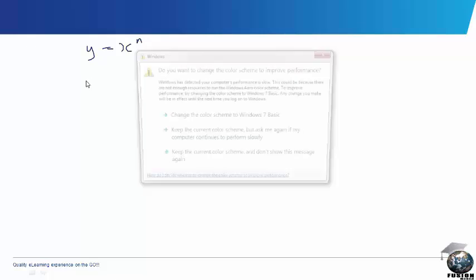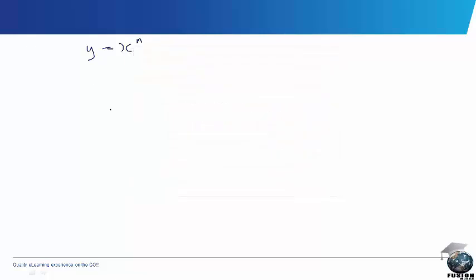Alright, by first principle, all we have to do is to add a little change to y. Okay, and then it affects a little change to x raised to the power n. Right, and then at this point we have to expand this x raised to the power n.